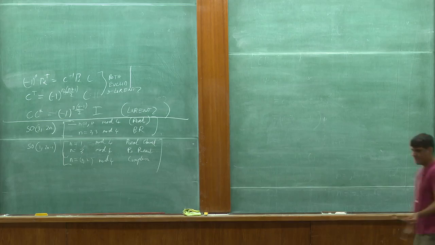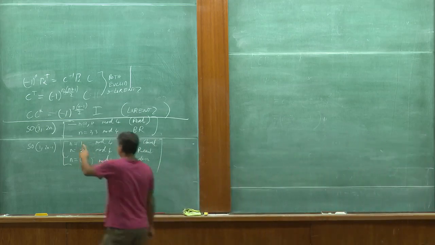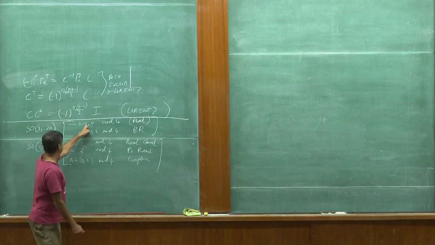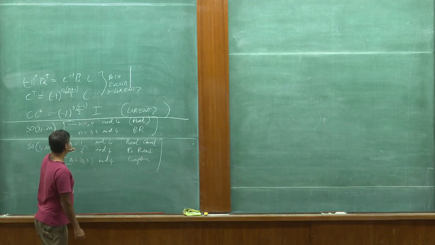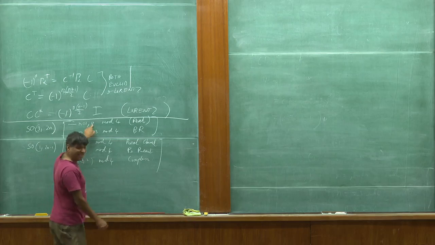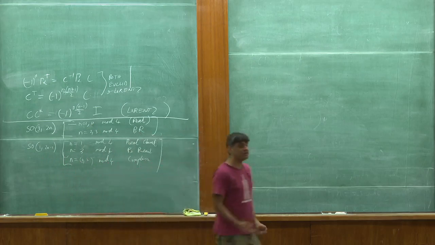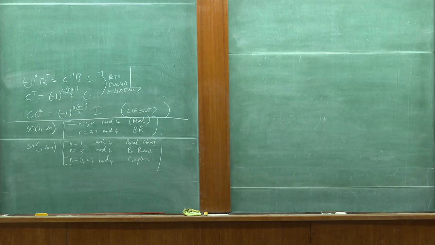Once again, as a reminder, in 3 dimensions or in 9 dimensions, or actually also in one dimension, quantum mechanics, the example we looked at right at the beginning of the class, 1 is the same as 9, we had real spinors.